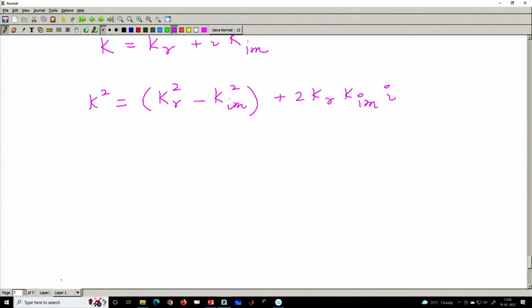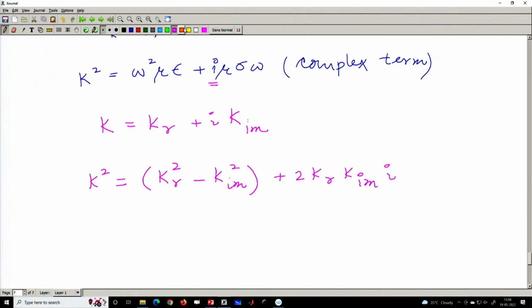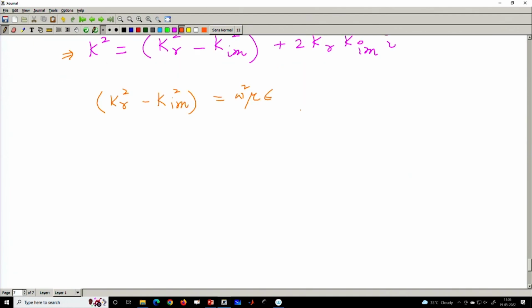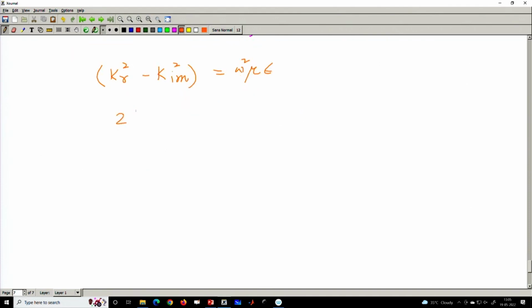So, if I tally with this equation, whatever we get here, then I can write it like k r square minus k imaginary square, that is simply omega square mu epsilon, that is one term, and another term is 2 k real k imaginary is omega mu sigma.